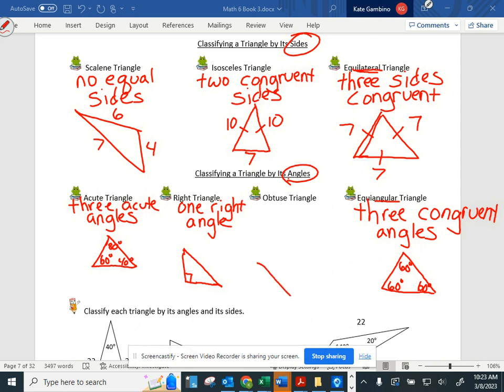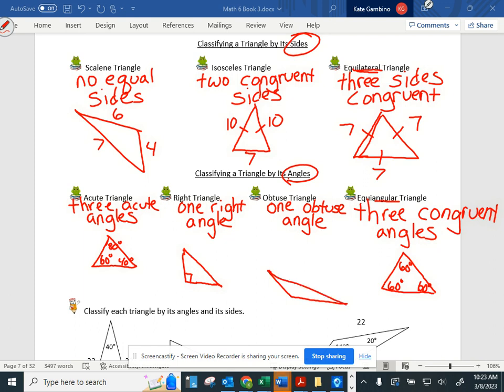So if we look at an obtuse angle, could I put another one in that's obtuse? No, because it wouldn't end up being a triangle. So for an obtuse triangle, one obtuse angle. Just like with our right triangle, you can only get one in there. Otherwise, it wouldn't be a triangle.